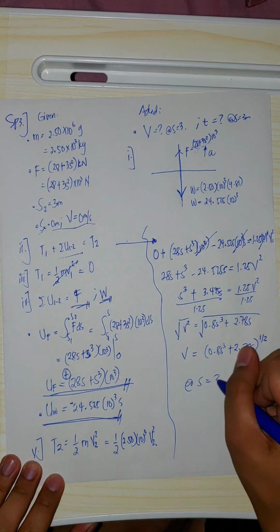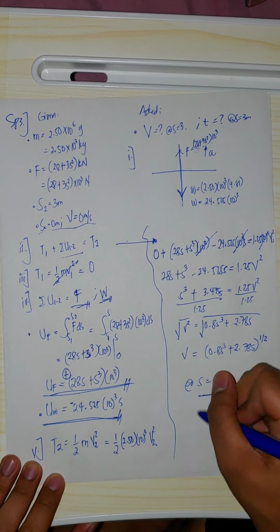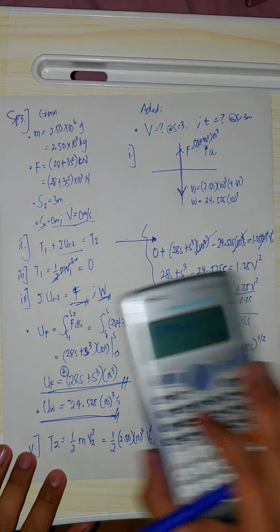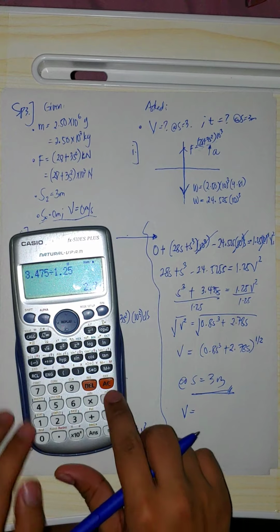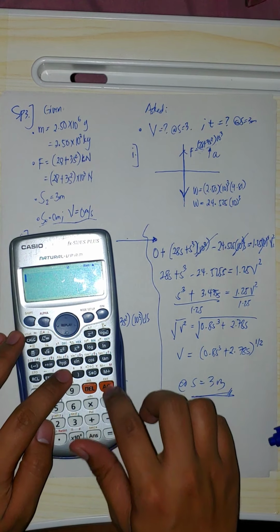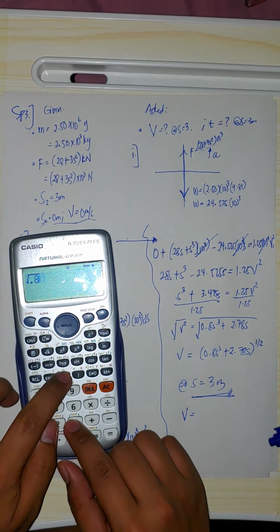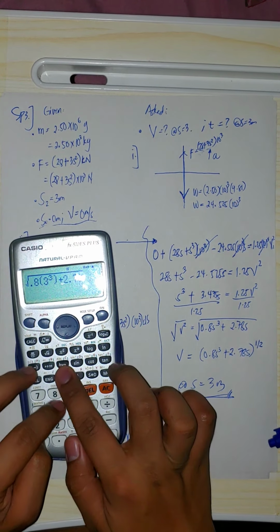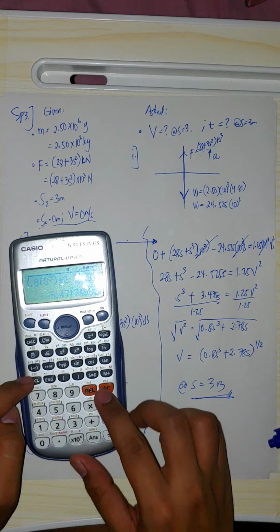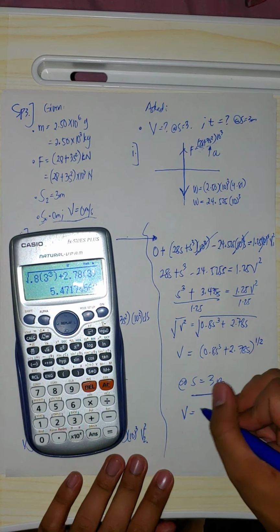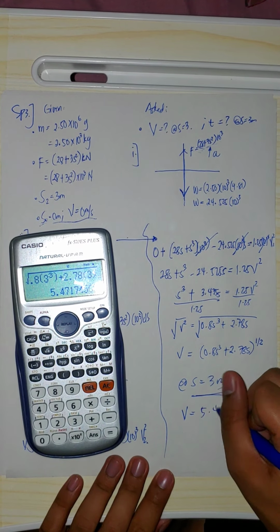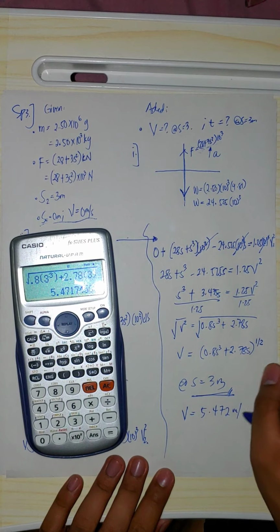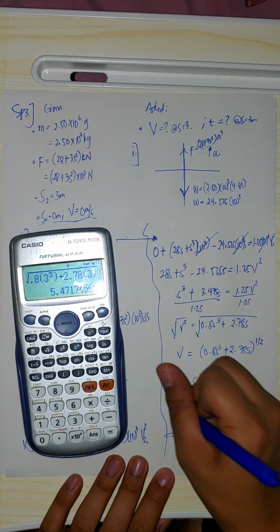At s equal to 3 meters, the velocity is equal to the square root of 0.8 times s cubed, so 3 cubed, plus 2.78 times 3. So our velocity at s equals 3 meters is equal to 5.472 meters per second.